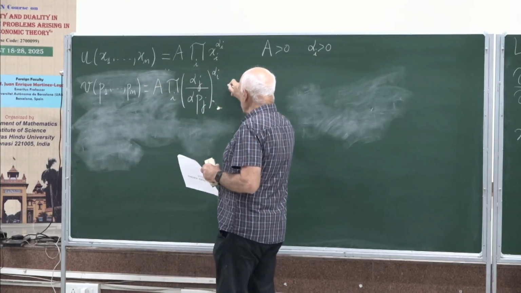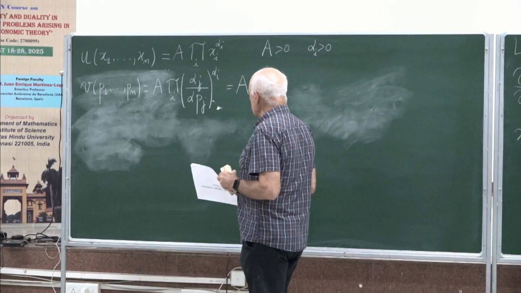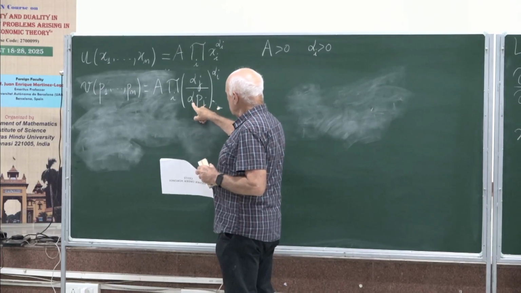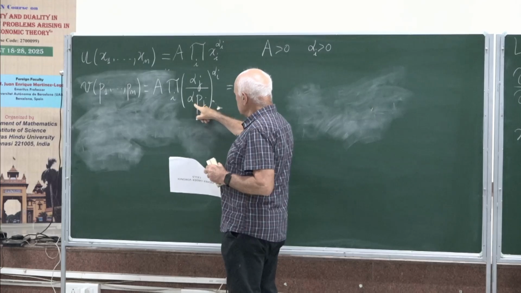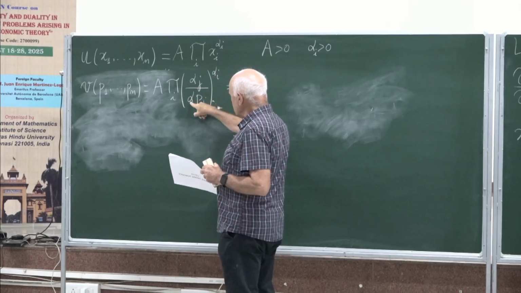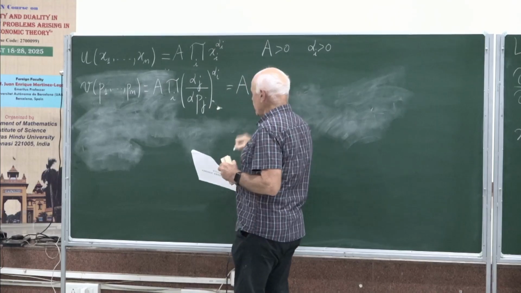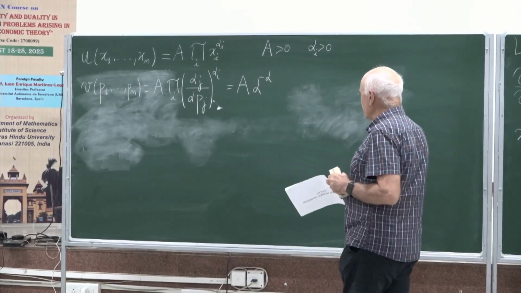Which I can rewrite as A times alpha, it's multiplied by alpha i, and then the product would have the sum as the exponent, but it's in the denominator, so it will come out with a minus exponent. So it's alpha to the power minus alpha.